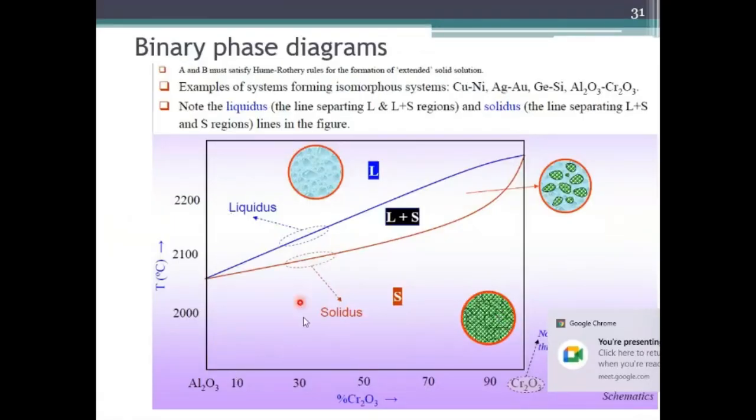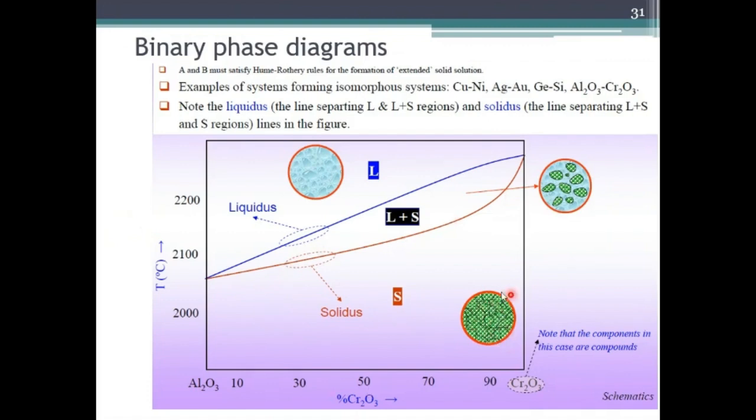That line which is separating, we call the solidus and the liquidus. Now, this example is Cr2O3 mixed with Al2O3. In this portion, it will be behaving like a solid.